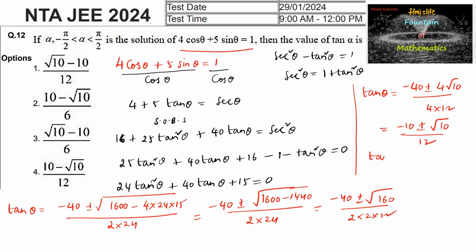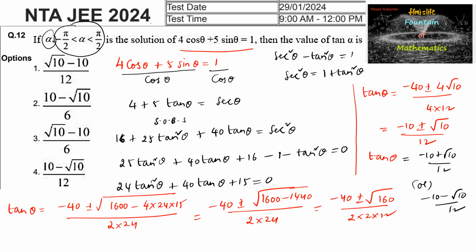Since alpha lies between minus pi by 2 to plus pi by 2, and alpha is the solution of this equation, we may consider tan alpha as minus 10 plus root 10 upon 12, or minus 10 minus root 10 upon 12.